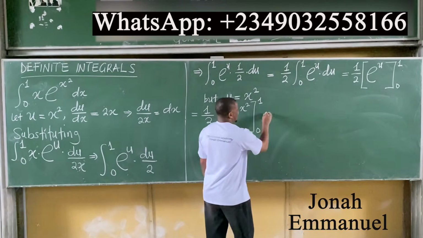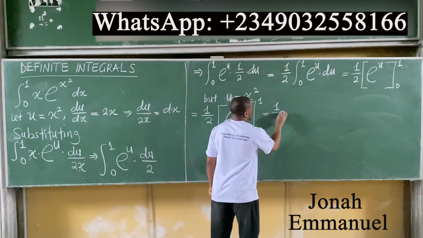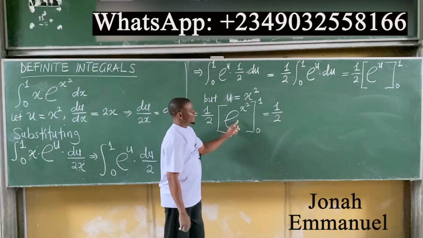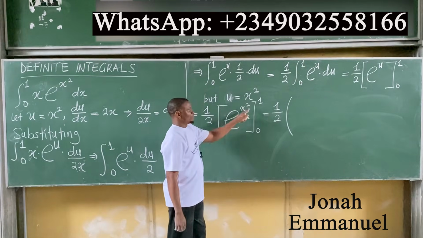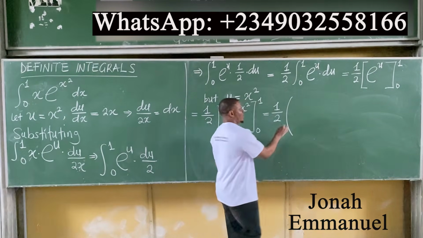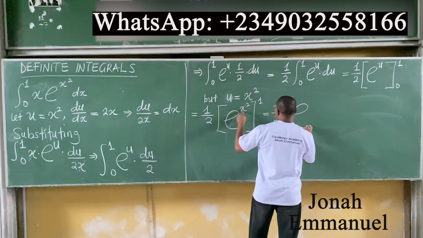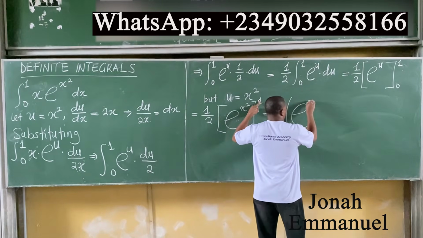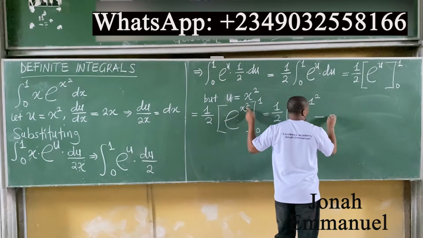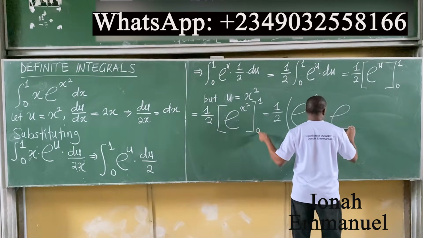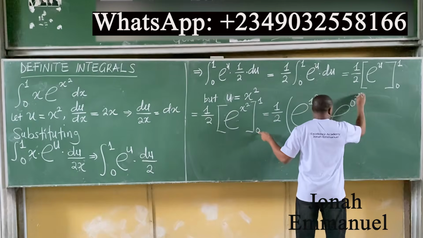How do you solve this? This is equal to 1/2. To solve this, whenever you have x, put in your top value first. So x becomes 1, and x squared becomes 1 squared, minus exponential of the lower limit, 0 squared.